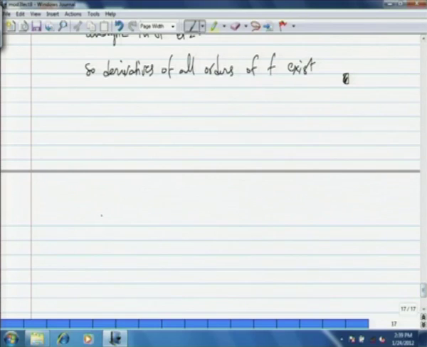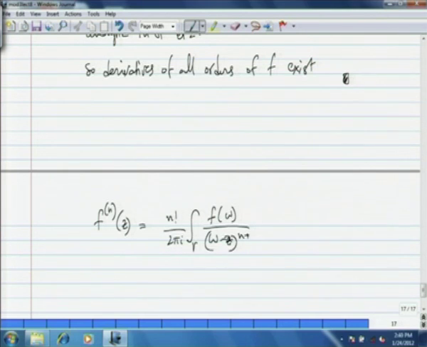So, under appropriate conditions, the nth derivative of f at the point z is equal to n factorial by 2 pi i times integral over gamma of f of w by (w minus z) power n plus 1 dw, for z belonging to the interior of the curve gamma.